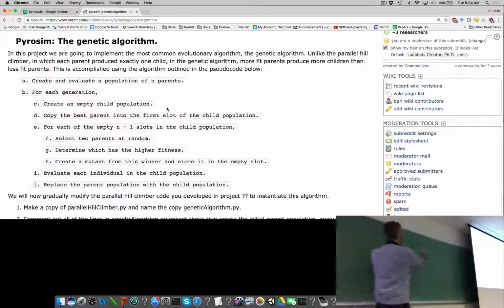Pick another 2 parents at random. The winner is allowed to produce an offspring, and we keep going until we fill every slot in the population. Once we're done, we delete this population and rename this as the parent population and repeat for the next generation, and so on and so forth.